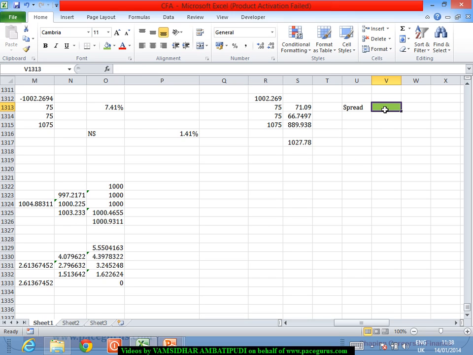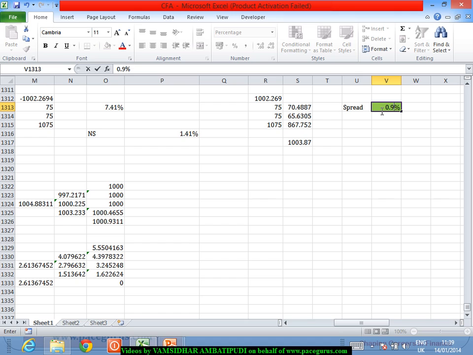So probably I'll say, okay, if this is 1%, what is the case? Yeah, this is coming out to almost 1001.26, which is slightly on the higher side or lower side compared to the market price. So slightly reduce it. If I say 0.9%, it is still on the high side. This has gone up.